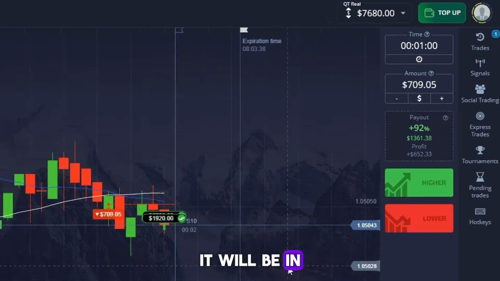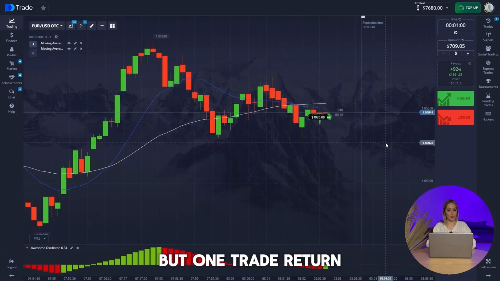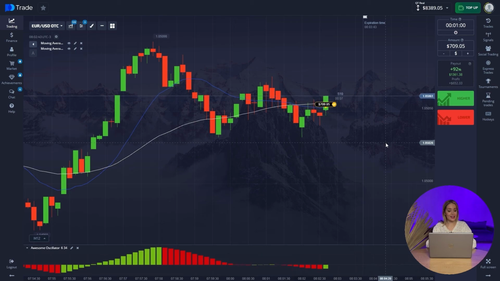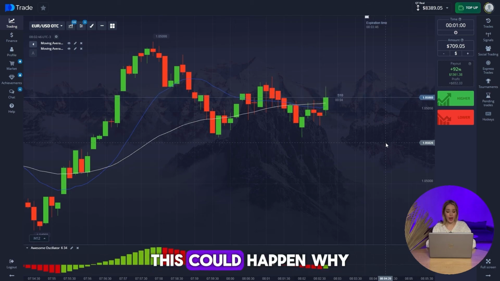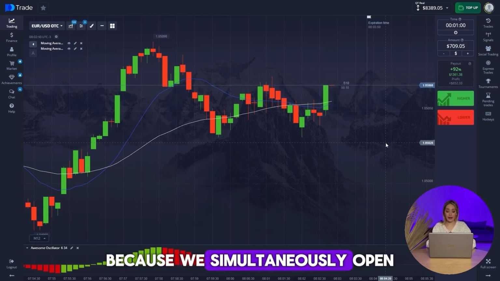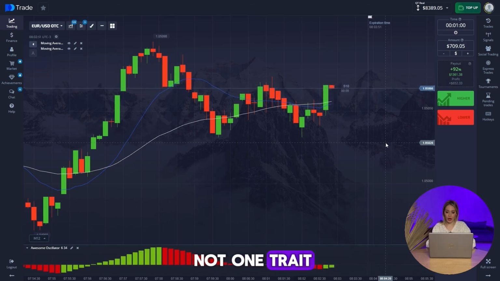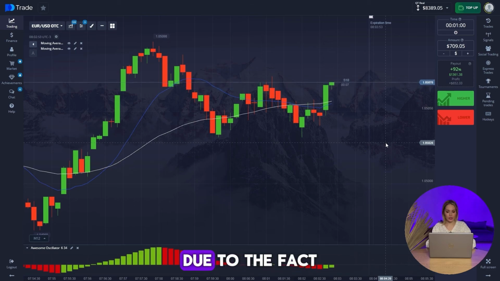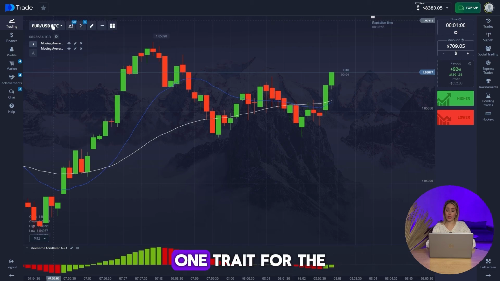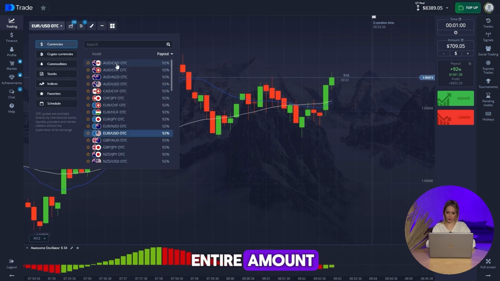It will be in profit again, but 1 trade returned to the balance. No big deal. The total amount is still greater. This could happen because we simultaneously open not 1 trade, but several, since the site doesn't allow us to open 1 trade for the entire amount.